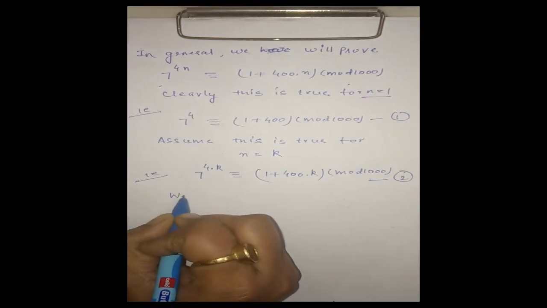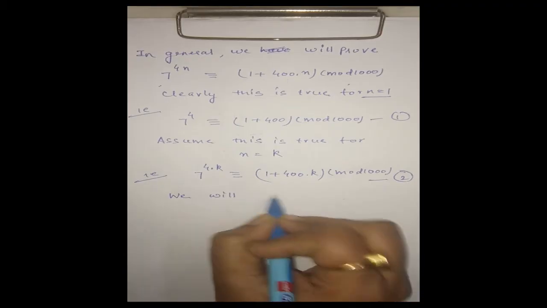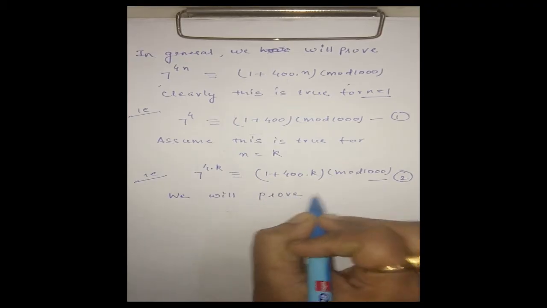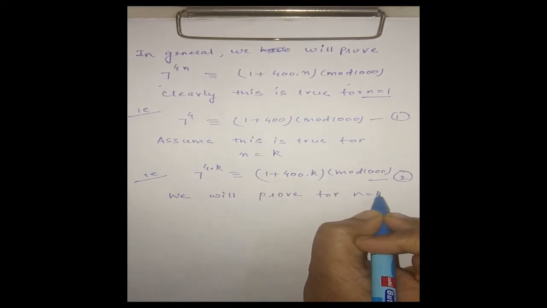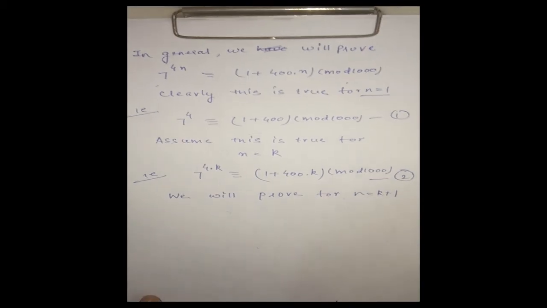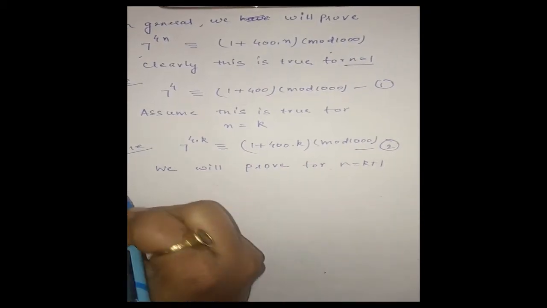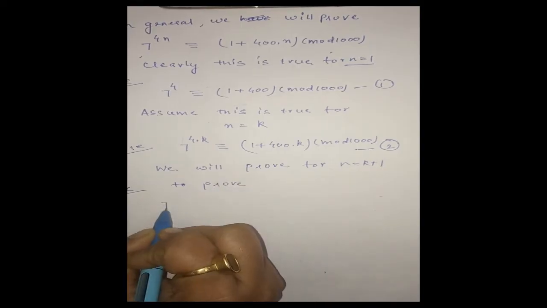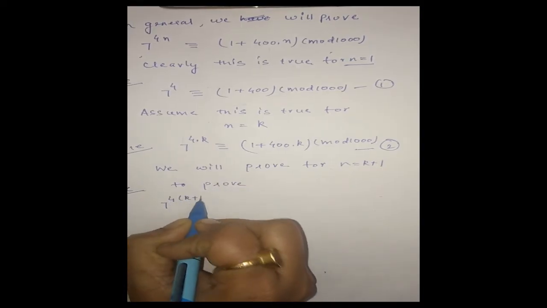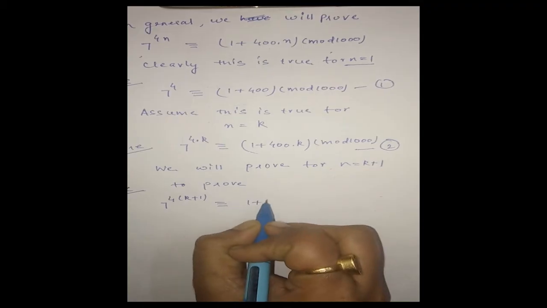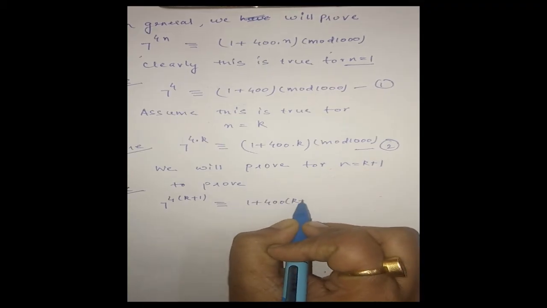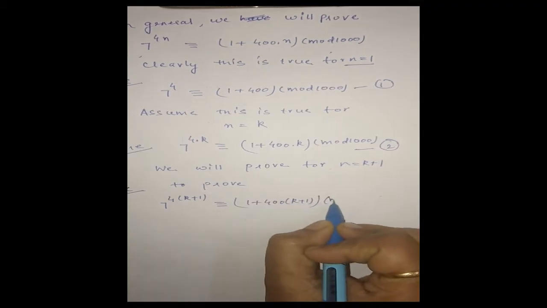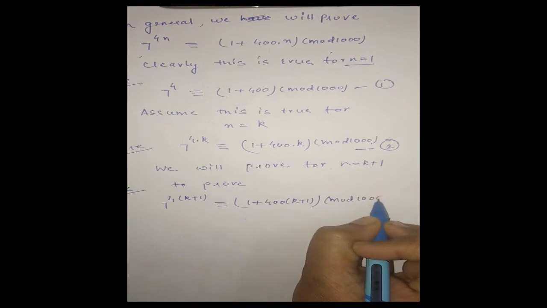Now we will prove the result for n is equal to k plus 1. This is mathematical induction. That is, we will prove now 7 power 4(k plus 1) is congruent to 1 plus 400(k plus 1) modulo 1000.